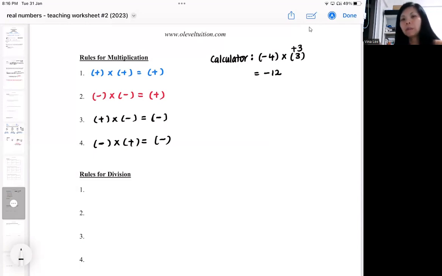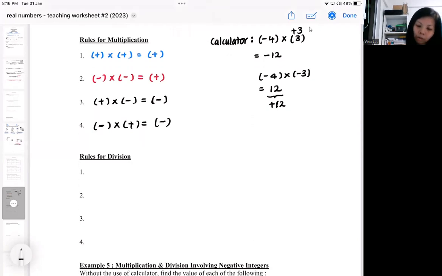Negative and positive will become negative. Please remember to put brackets if you're using a calculator. If you forgot what negative and negative give you, you realize that it will give you a 12 on your calculator. So this 12 essentially is a +12. So negative times negative becomes positive. It's almost the same idea as the rule that I was introducing.